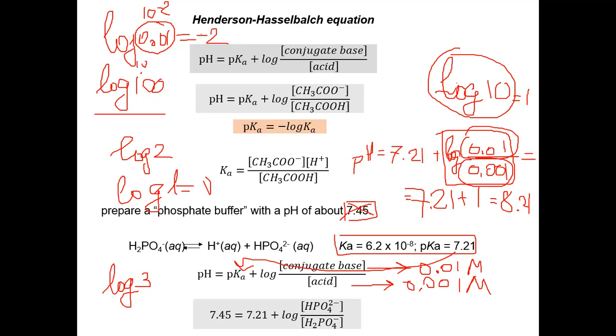We don't write it, but it's always base 10.